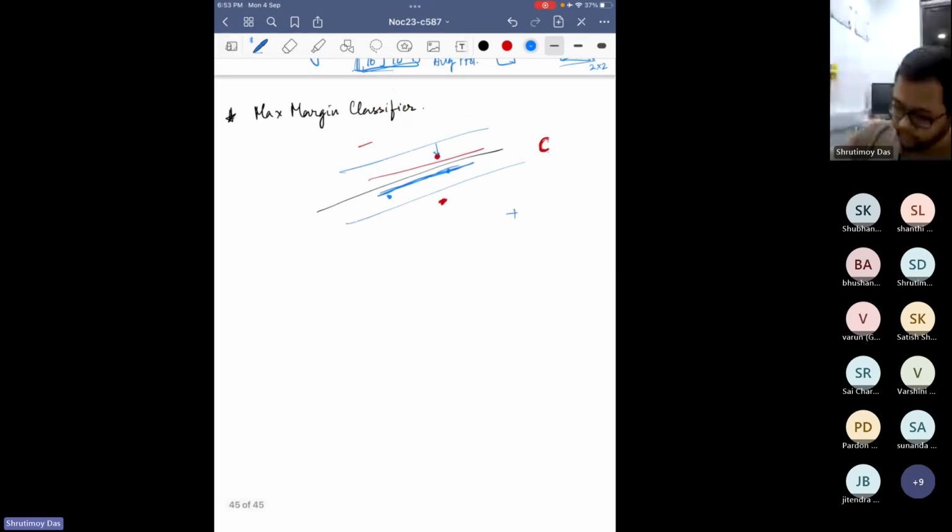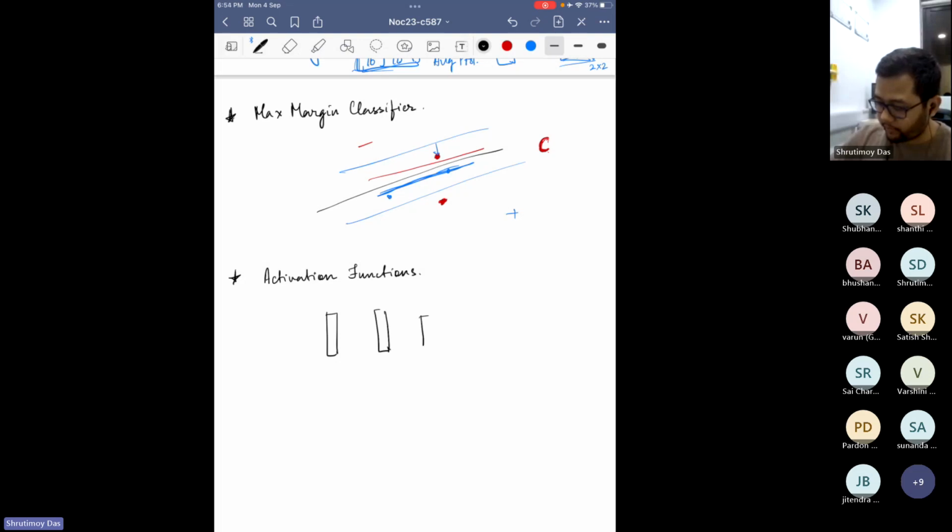So coming to activation functions. Why these neural networks work is because, suppose you have some layer here, then you have another layer here, and you have another layer here, and then you have an output. Suppose this is your X, and suppose you have no nonlinear activations.